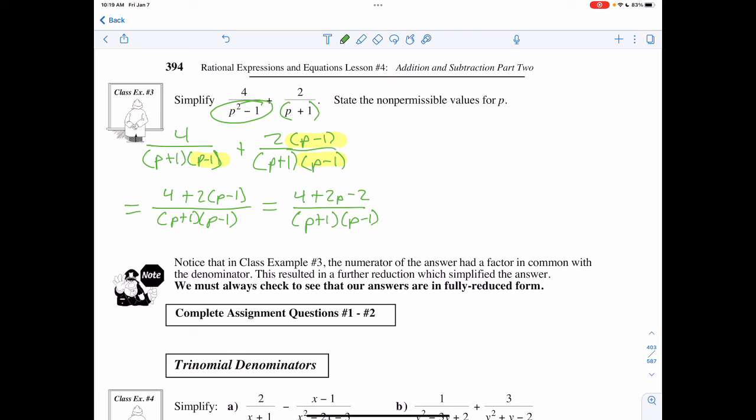And I can carry that over here and say that that's going to be 2p plus 2 over p plus 1, p minus 1.